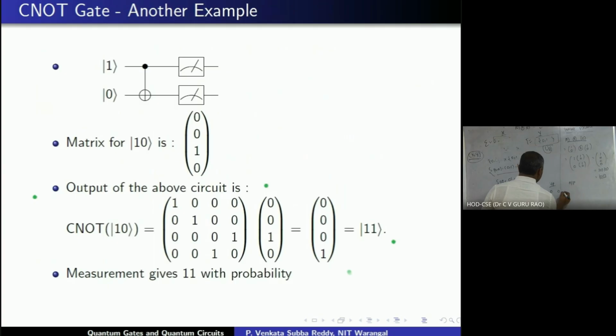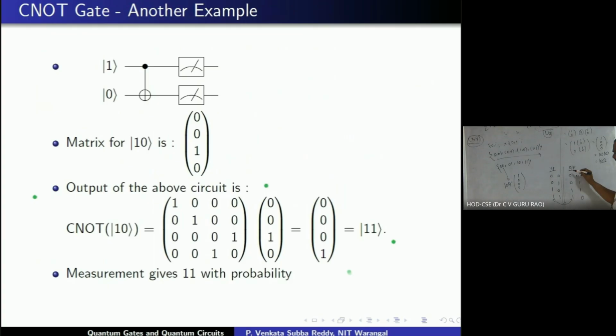Input is 0 0, output is 0 0. Input is 0 1, output is 0 1. Input is 1 0, output is 1 1. Input is 1 1, output is 1 0. Now which 2 columns are same? It is same as this, no? Both are equal, no? Okay.